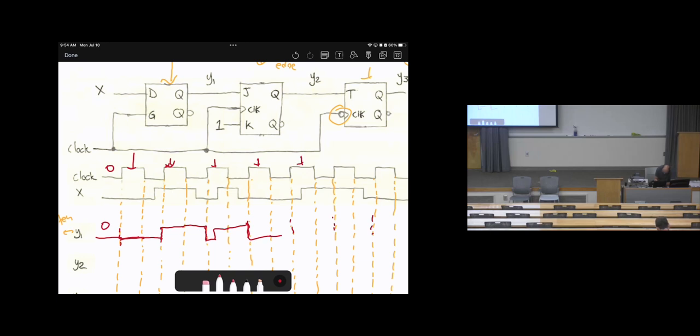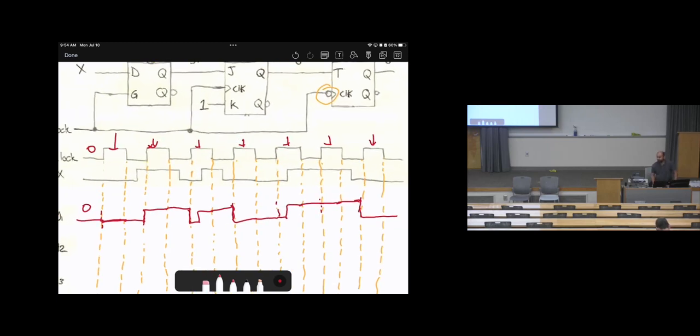Next update, it will hold, copy during this time what's happening with X, then hold. The next update here, it will hold that one, then keep holding until the next update here, it will go back to 0, then hold.